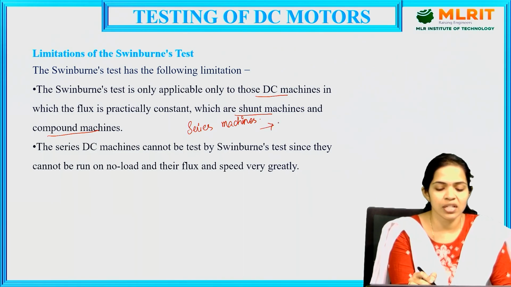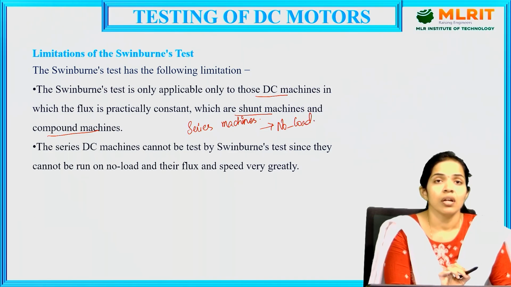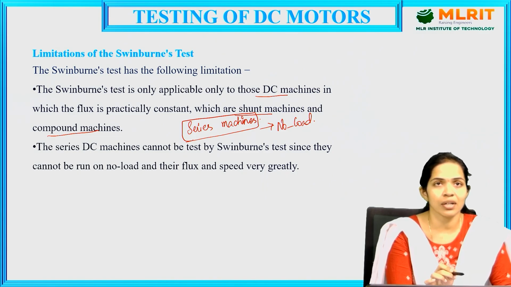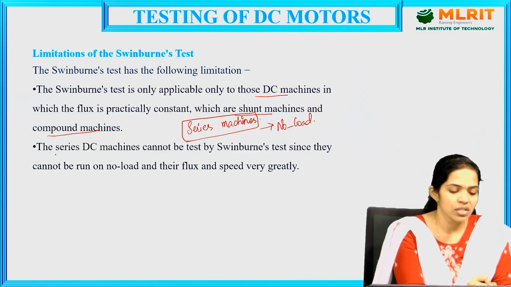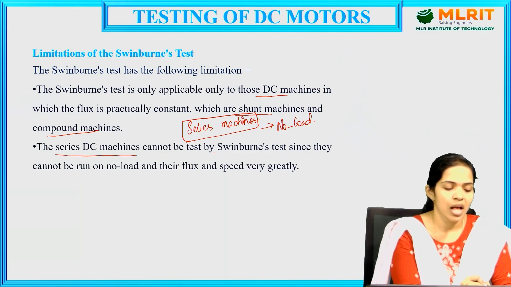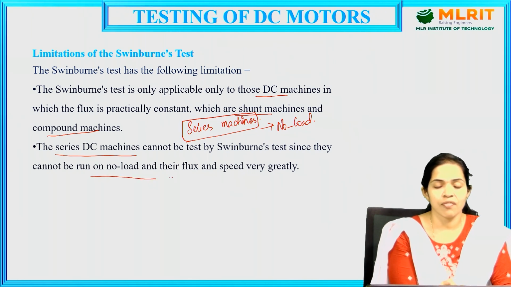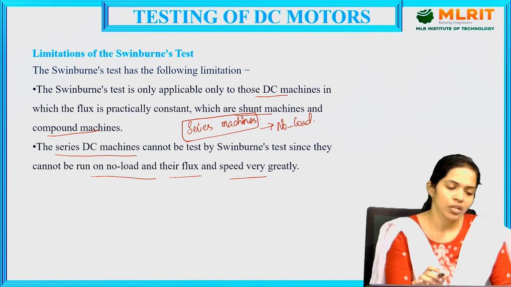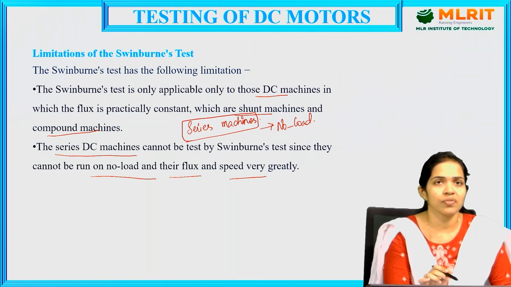We know that a series motor should never be started without load. So that's why this particular test cannot be conducted on series machines. DC series machines cannot be tested as they cannot be run on no load and their flux and speed will vary greatly. So these are the limitations of Swinburne's test.